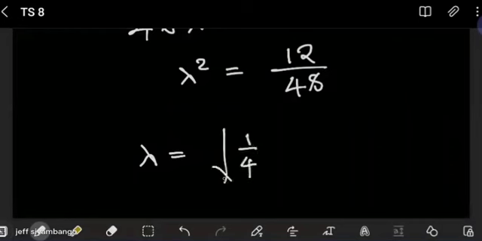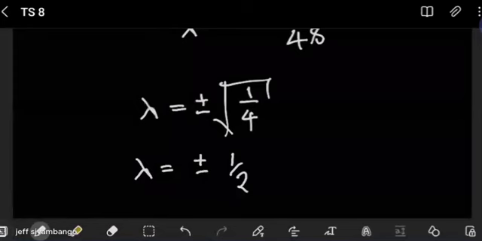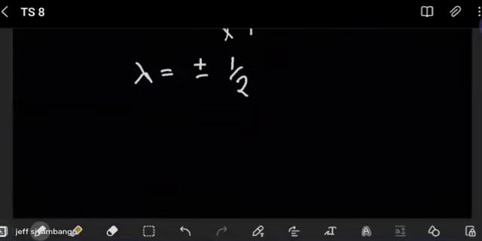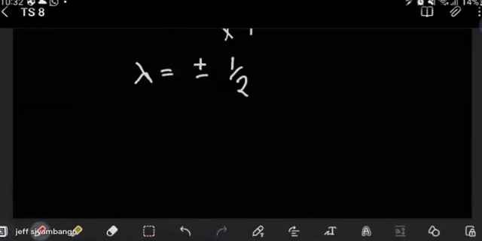So we now square root this. We know the square root is either positive or negative. So when we simplify this, lambda is equal to plus or minus 1 over 2. Now we have found what lambda is, 1 over 2, but either positive or negative. Now comes that condition. These are dimensions, and they are scalar dimensions.